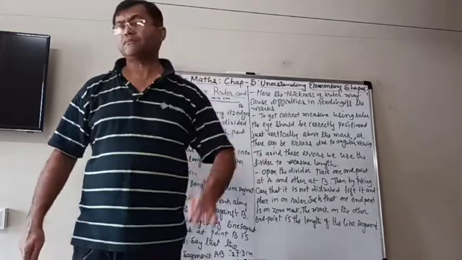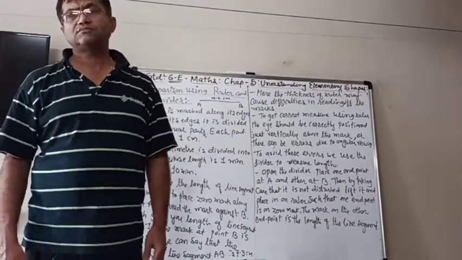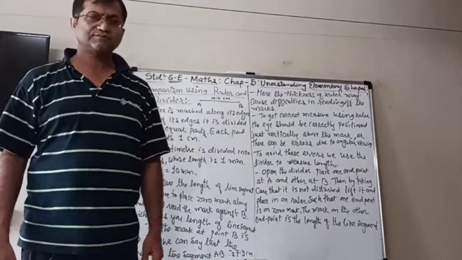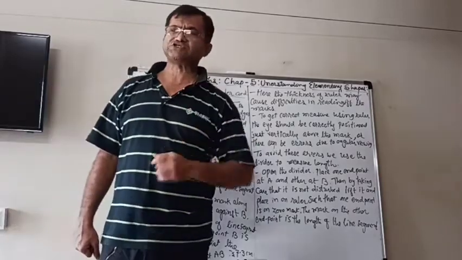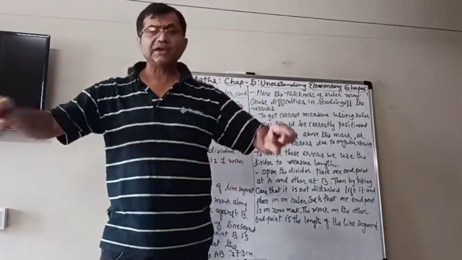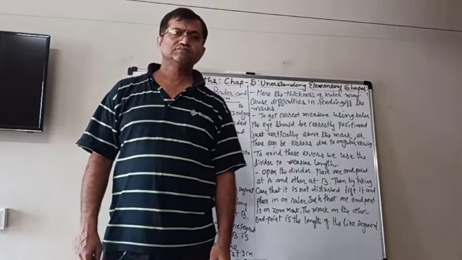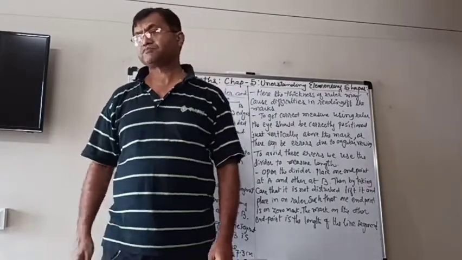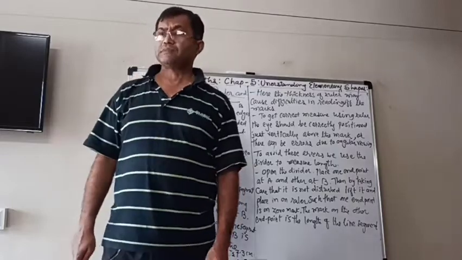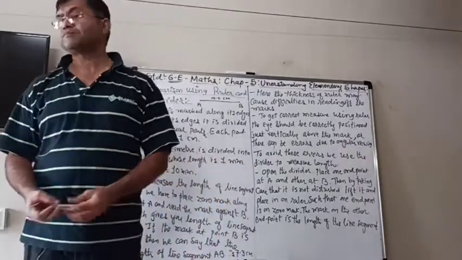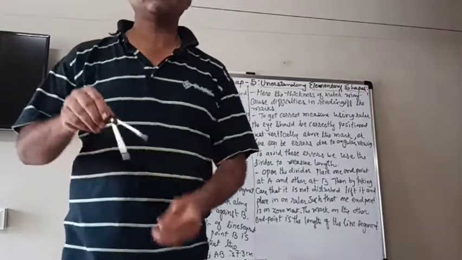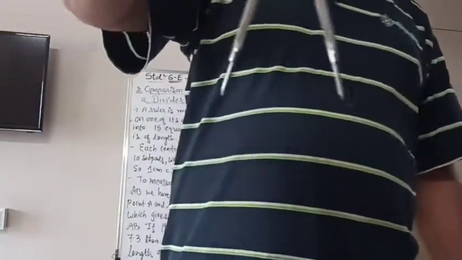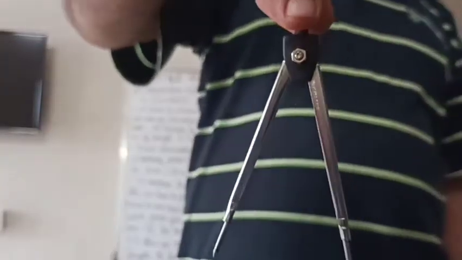Because every time along with your compass tools, you get two set squares, a scale or a ruler, then the rounder, and along with the rounder you get this type of tool also.